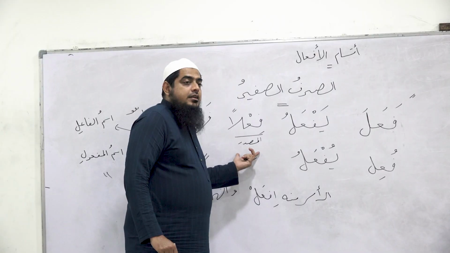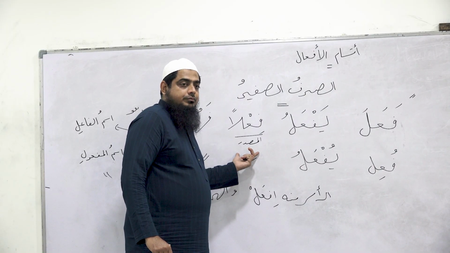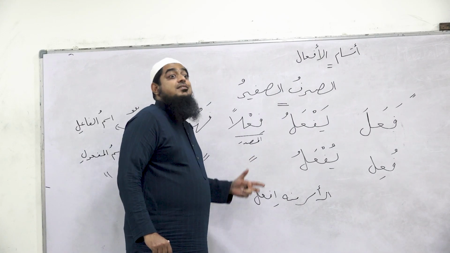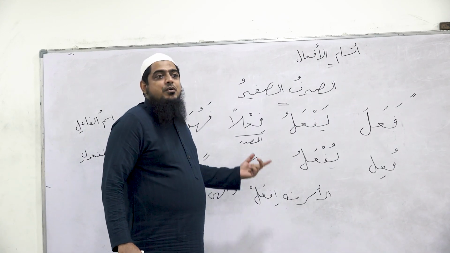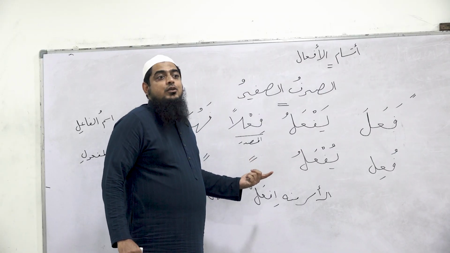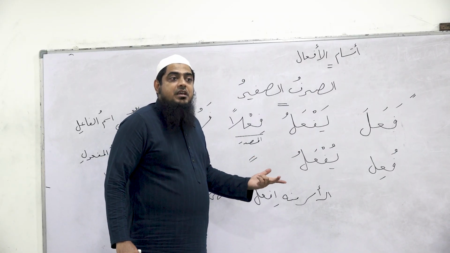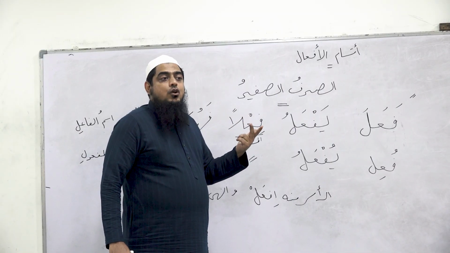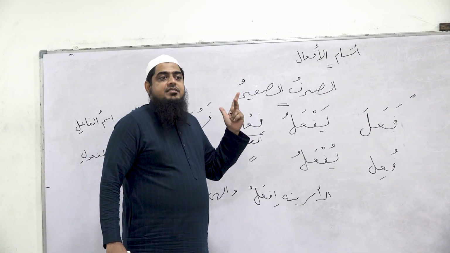And this masdar is what? You see tanween, then what? Ism. So fi'l comes from ism. So ism is the base. You have ism, harf, fi'l. So which is the base?